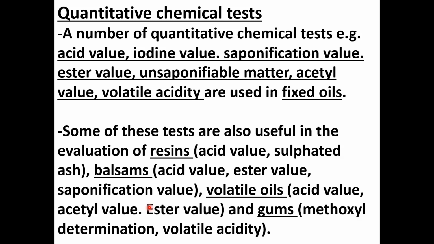Volatile oils also may contain alcohols, may contain esters, and so we can perform acid value, acetyl value, and ester value for these volatile oils. For gums, for example, sometimes we can estimate volatile acidity.